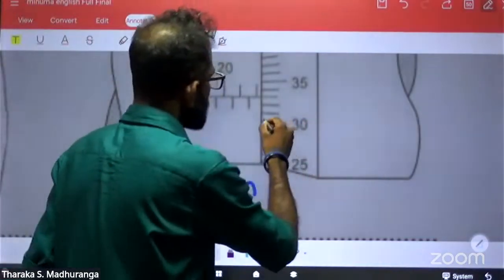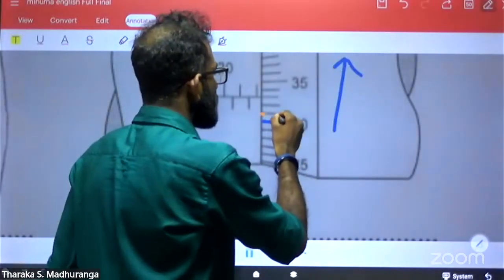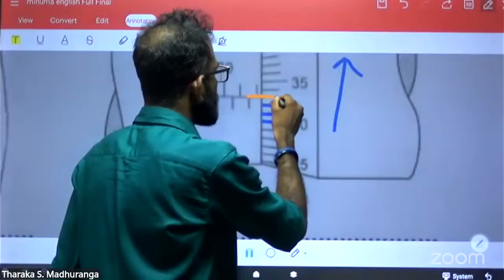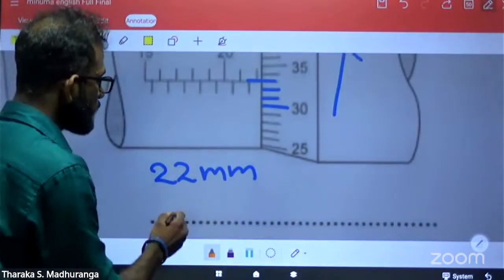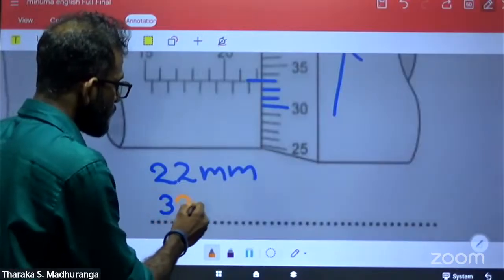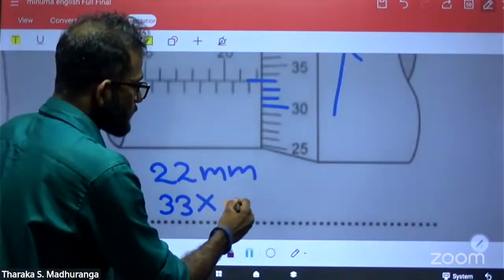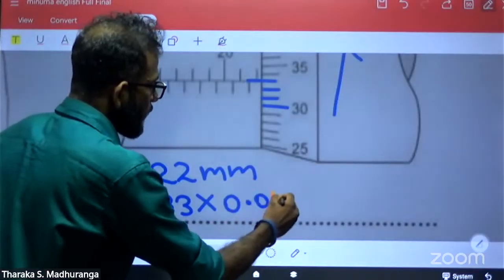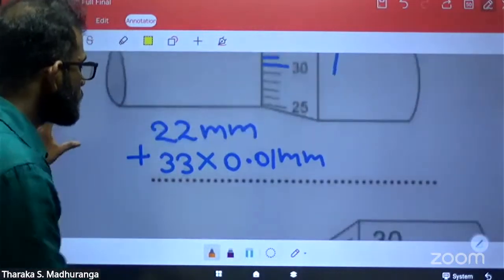Because this one is 30, I told you the value always increases in the upward direction. 31, 32, 33 is the coincide value. Then this one is not 33 millimeter. 33 multiplied by the least count. The least count is 0.01 millimeter. Then add these two values.